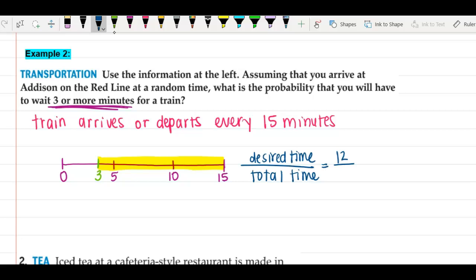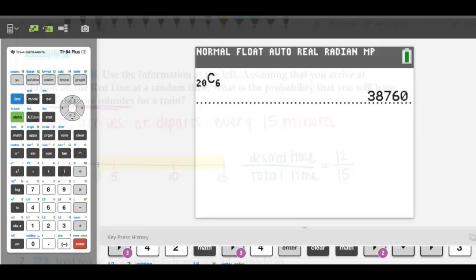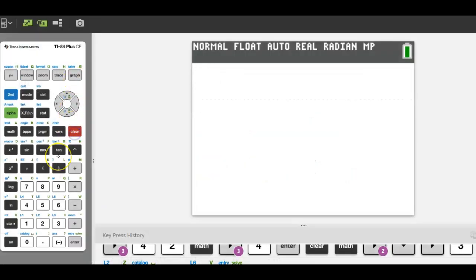And the total time of the interval that the train's actually going to show up is 15. So the probability that we're going to have to wait 3 minutes or longer is going to be 12 over 15. Okay, so if we wanted to simplify this, the calculator will nicely do it for us.